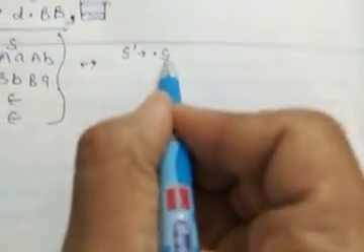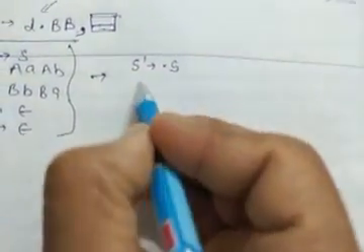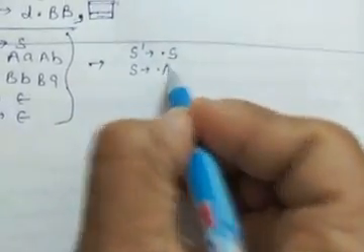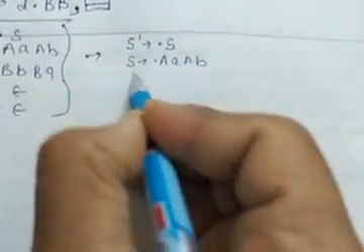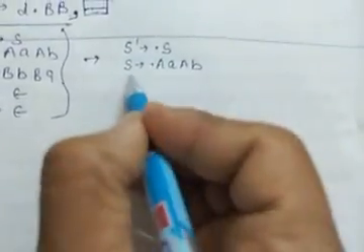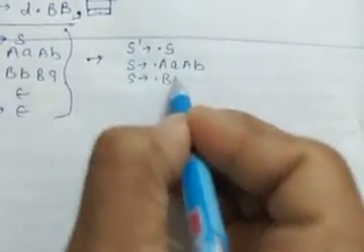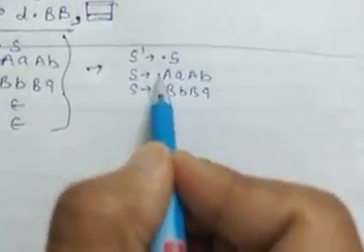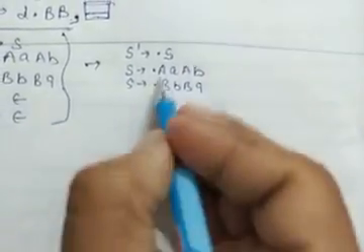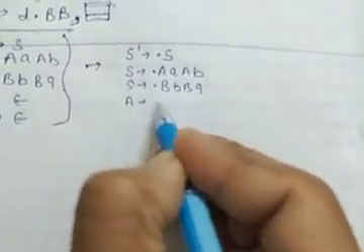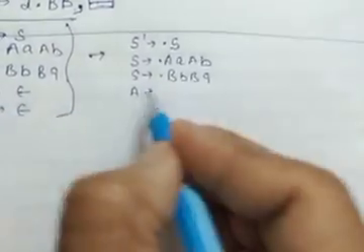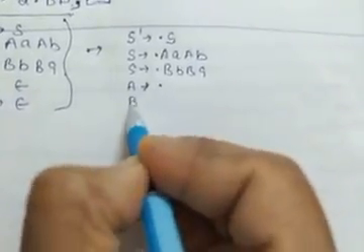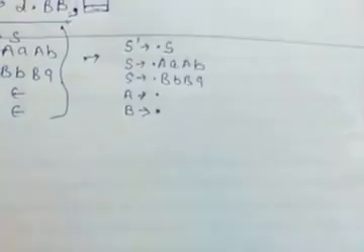Now after dot there is a non-terminal, so we will put all the productions of S, that is S to dot AAP and S to dot BBBA. Now in this we see that after dot there is a non-terminal, so we will put all the productions of A, that is A to epsilon, and for epsilon we will put only dot, and B to dot.